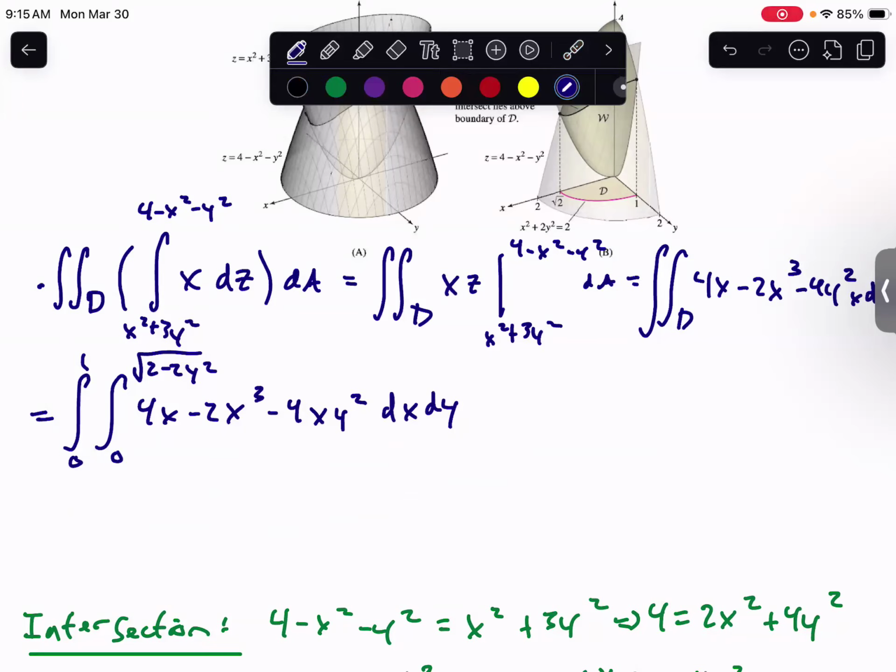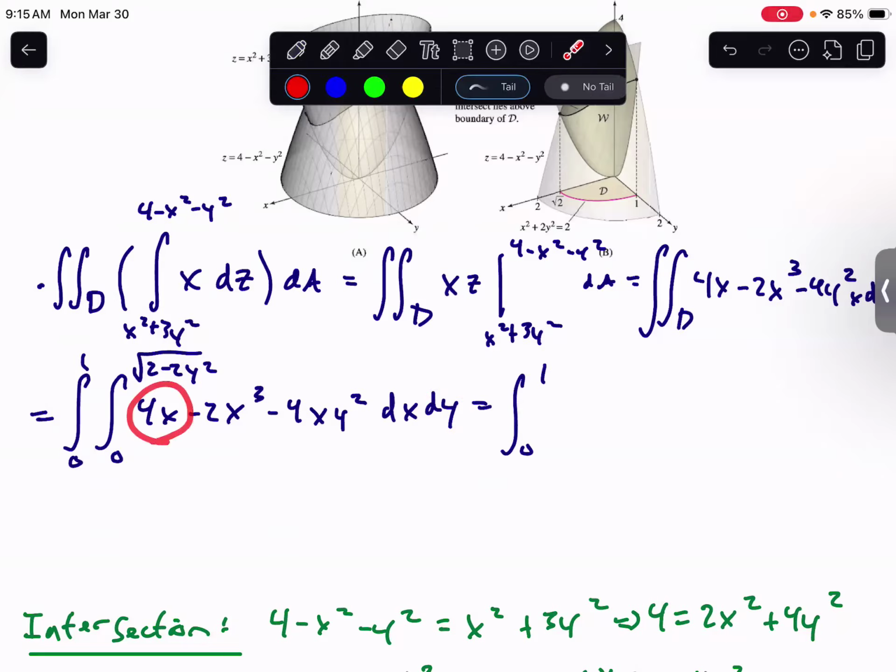But I'm going to show you what the answer ends up being with maybe a smaller amount of detail. So you would integrate with respect to x. If you integrate with respect to x, this is going to become the integral from 0 to 1.